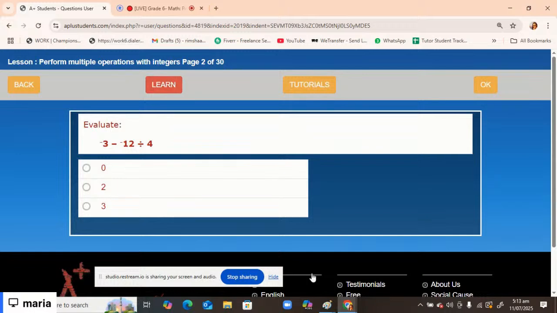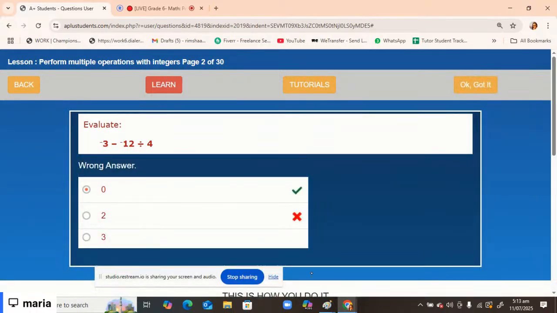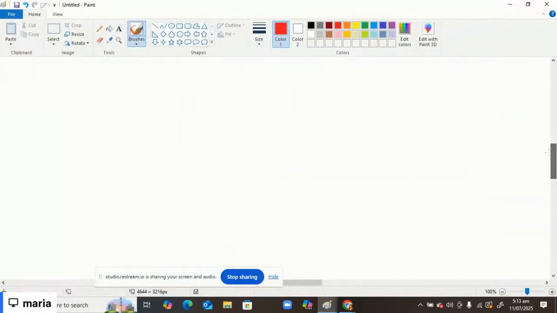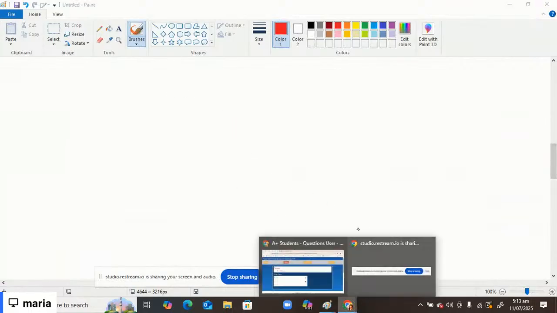This is basically the wrong one. Okay, here, you are just going to put it down. This is a wrong question. Okay, because when we are going to divide, division comes first, so we divide it first and then we solve it.